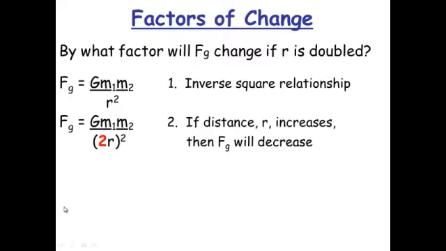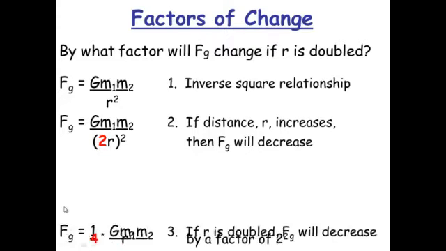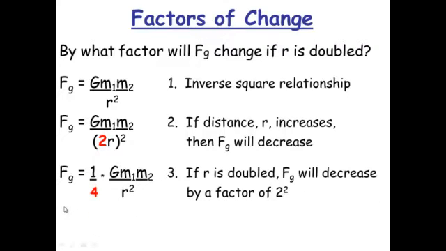Because it's an inverse relationship, if distance, r, increases, then our force of gravity will decrease. Also, since our variable is squared, that means our factor is also squared.